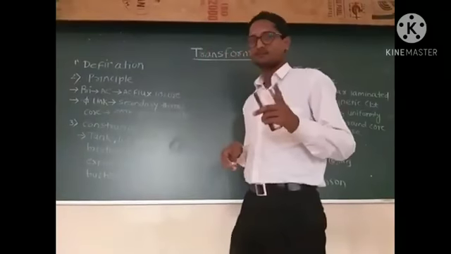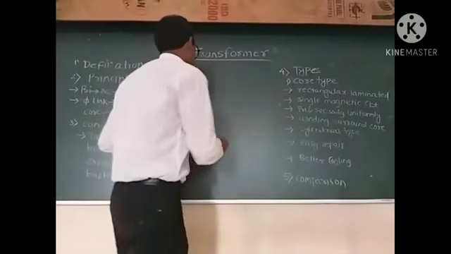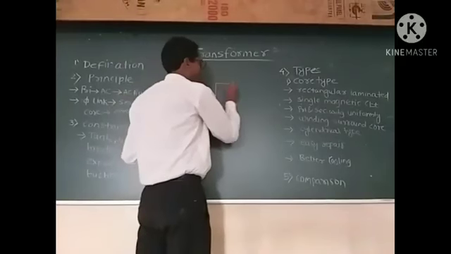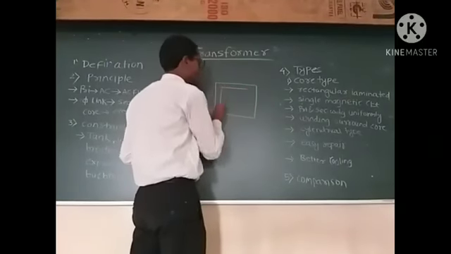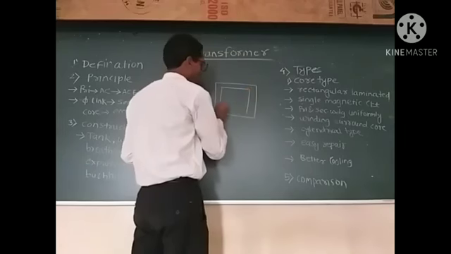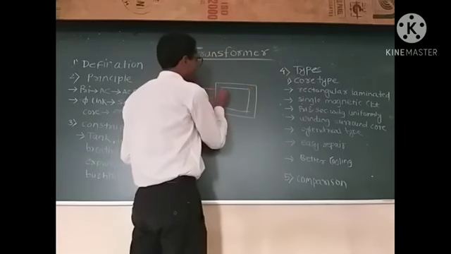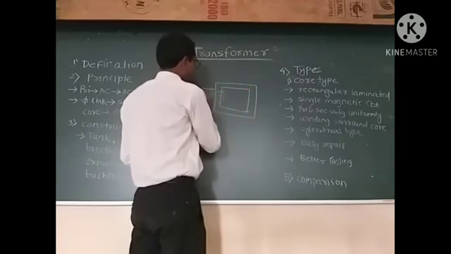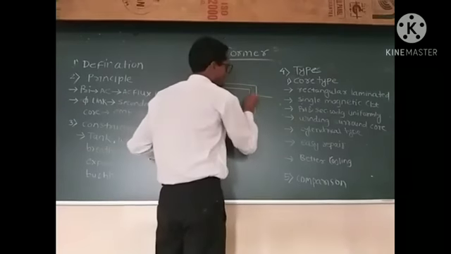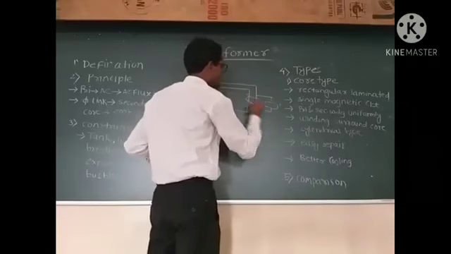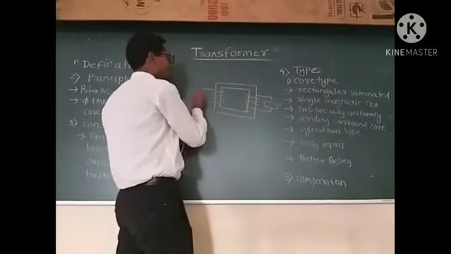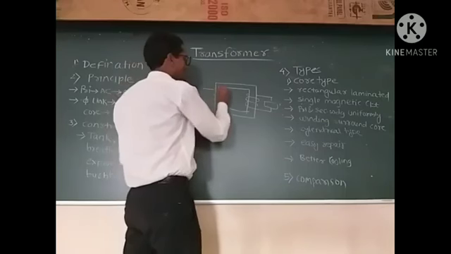It is explained by the circuit diagram. Suppose this is the core of the transformer, and the primary winding is wound on this limb, and the secondary load side winding is wound on this limb. Okay, this is the primary side of the transformer.